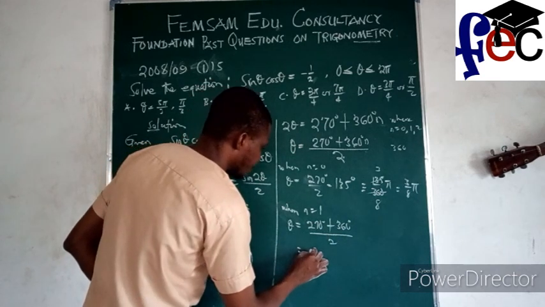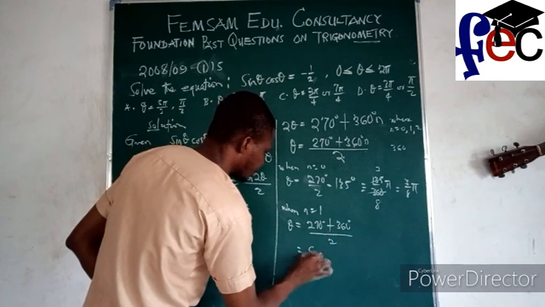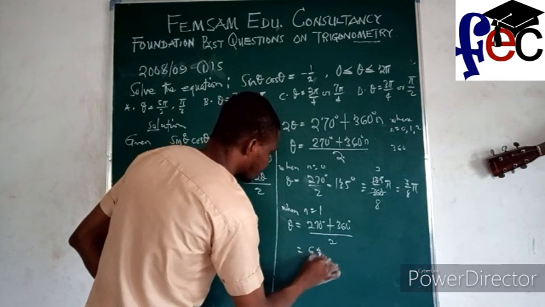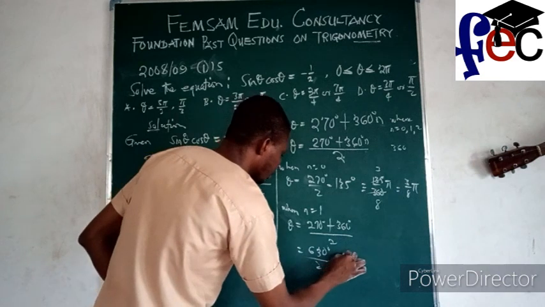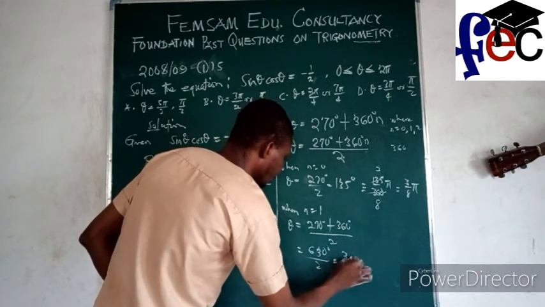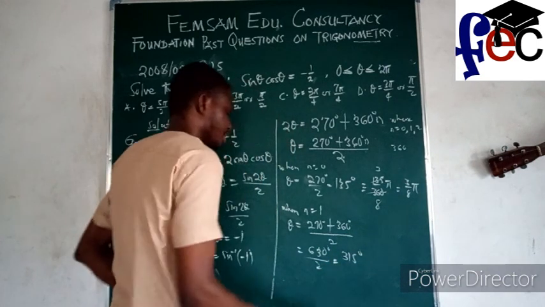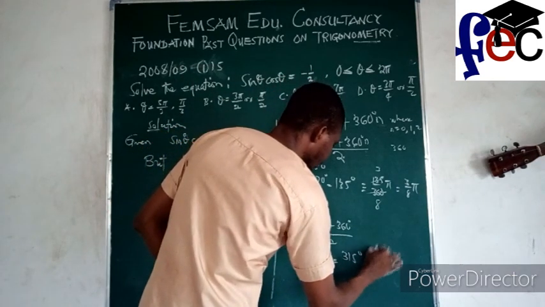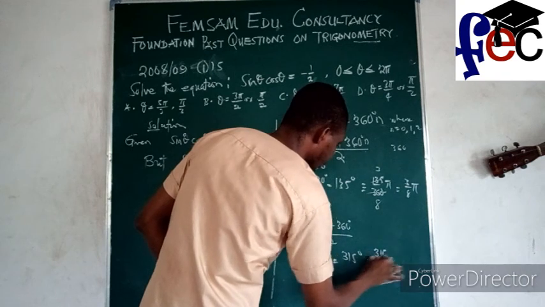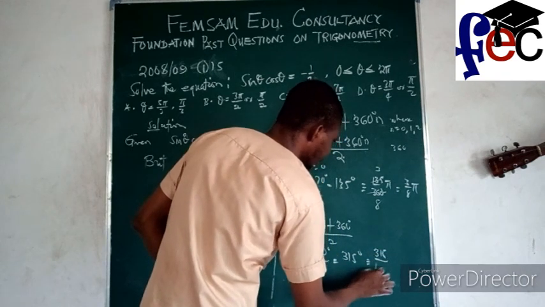That's 630. 630 degrees over 2, and that's going to be 315 degrees, and 315 degrees is the same thing as what? 315 over 360.